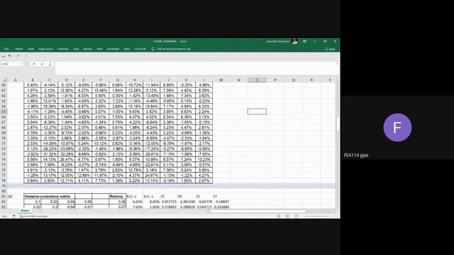Why? You know why? Because the macro was not working. For those of you who are saying that the macro was not working, I can accept the excuse provided you remember the formula. For example, you remember today while I was solving the European call and European put, I was not able to enter the proper formula, and I was wondering what was happening.